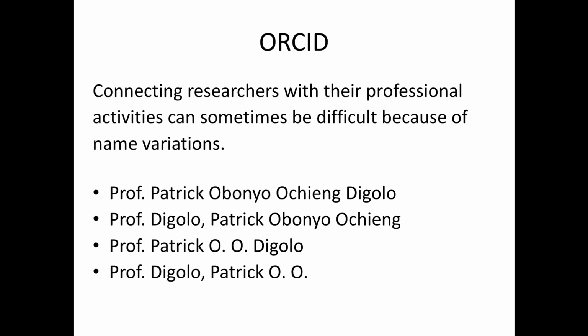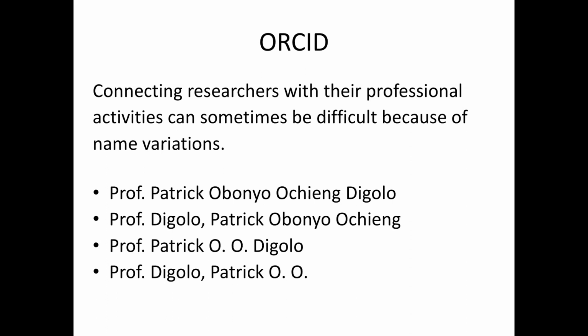But if this researcher has work that is out there, and the name linked to this work bears one of these variations of names, then it would be difficult to give credit to the one person, because you may not be able to know whether this is the same person or different people.